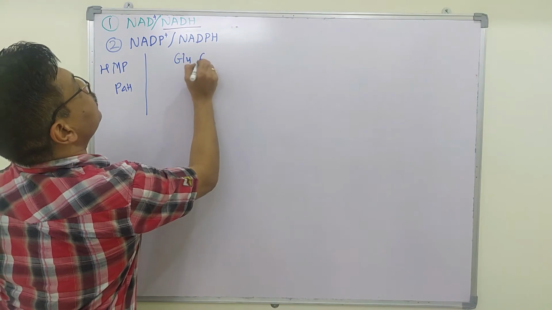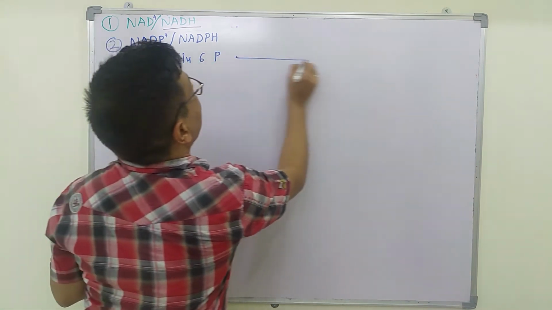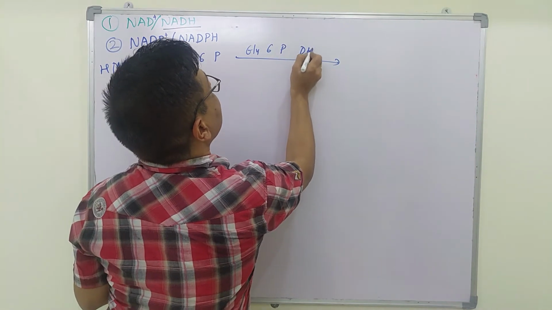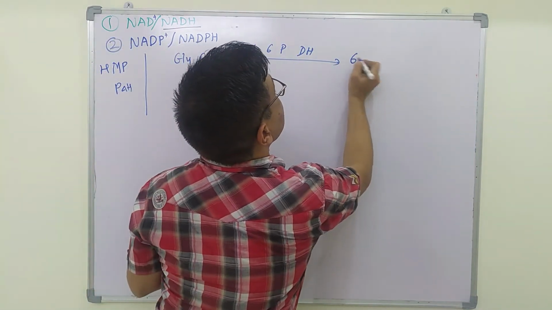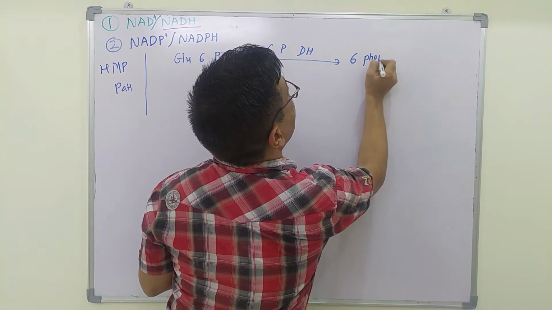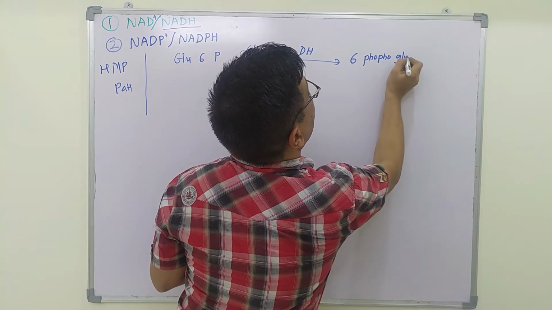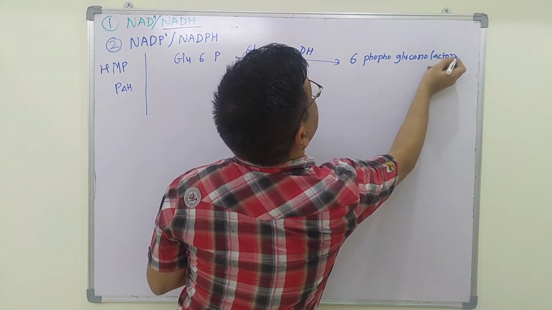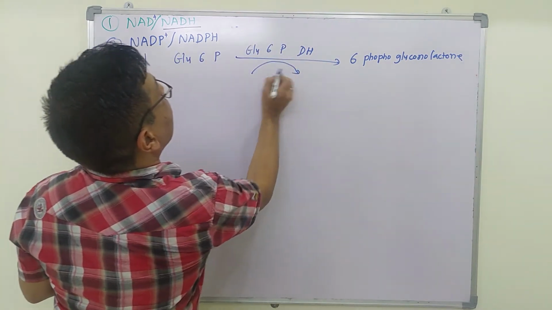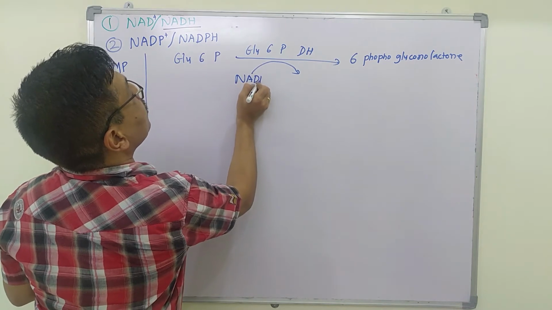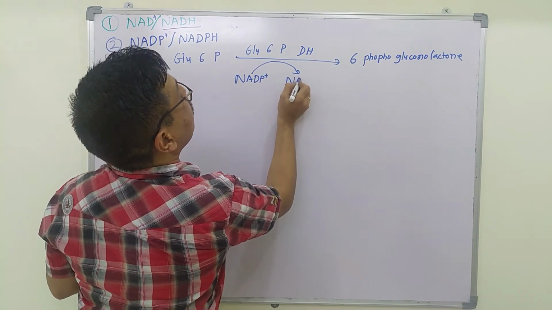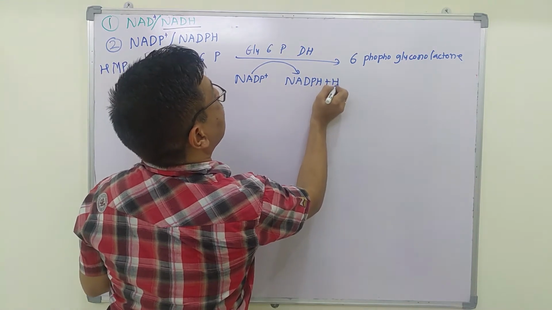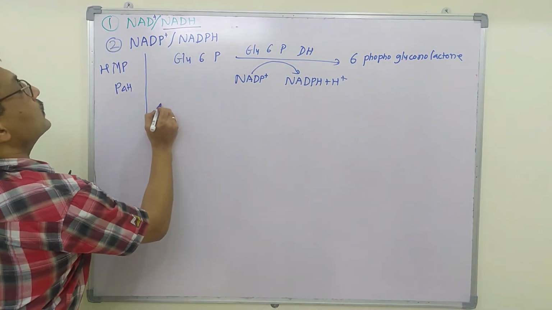Glucose 6-phosphate acted upon by glucose 6-phosphate dehydrogenase is converted into 6-phosphogluconolactone. In this reaction, NADP is converted into NADPH plus H plus.